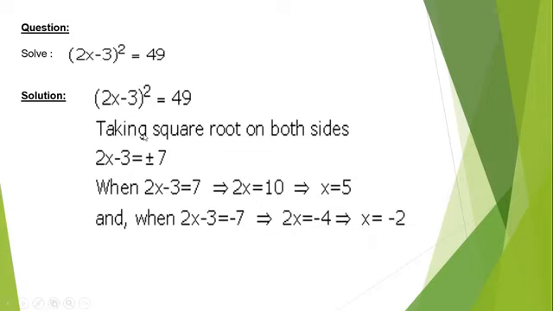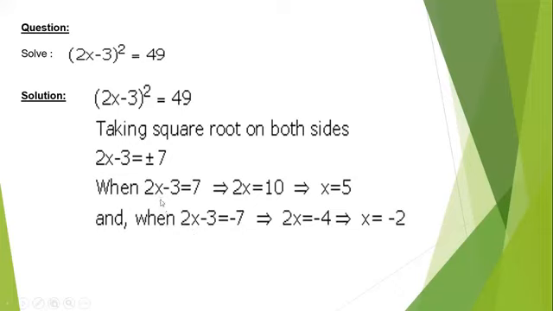But a very important point to note here is, whenever we solve whole square, always take the value with both the signs, plus minus. So taking square root on both the sides, we will get 2x minus 3 is equal to plus minus 7. So once solve 2x minus 3 with plus 7, and once solve 2x minus 3 with minus 7.